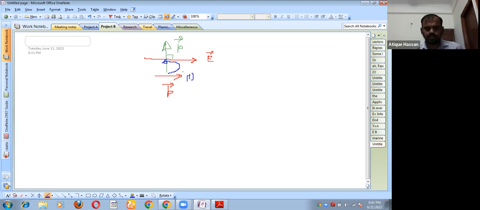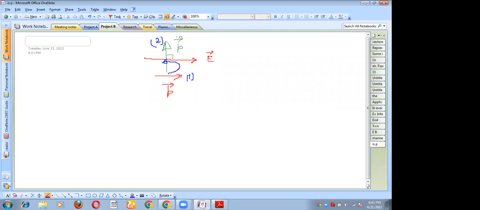So position 1 and now it is position 2. Any idea? Have you heard about potential energy of a dipole? No, sir. What is potential energy of a dipole?